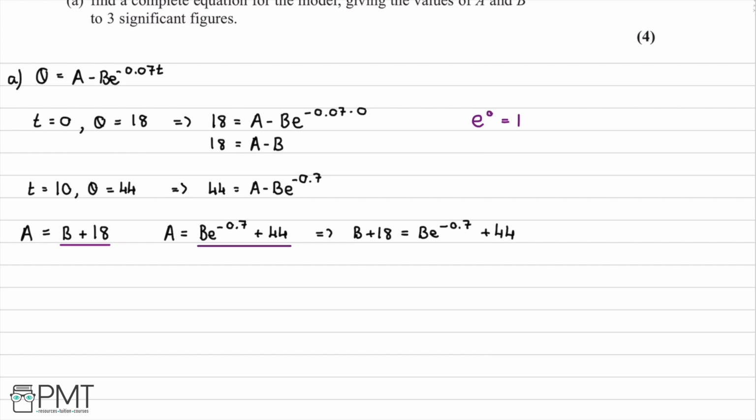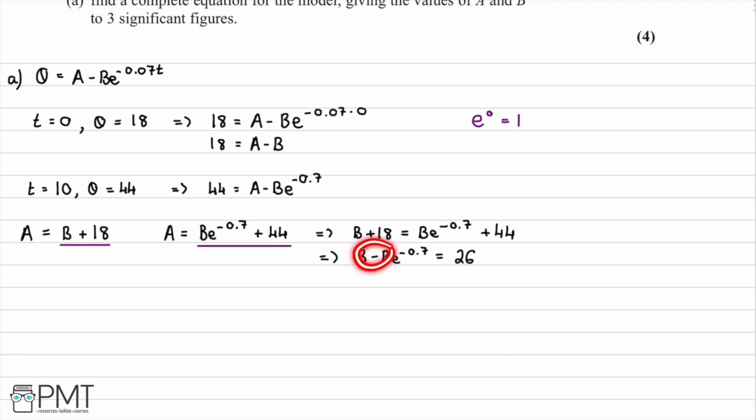Tidying this up a little bit, we can take our Bs onto the same side. So we'll have B, and then we subtract B lots of the exponential to the power of negative 0.7, and that is equal to 44 take away 18, which is 26. And we must remember what we want to do here.